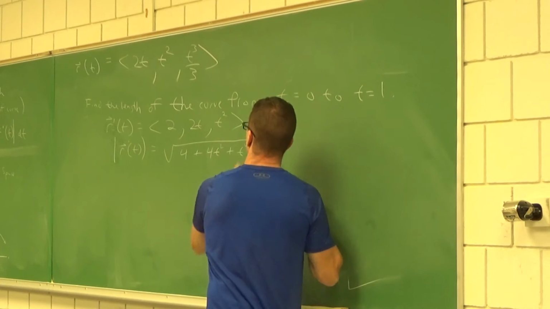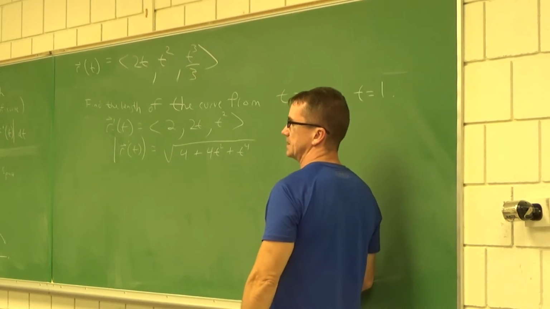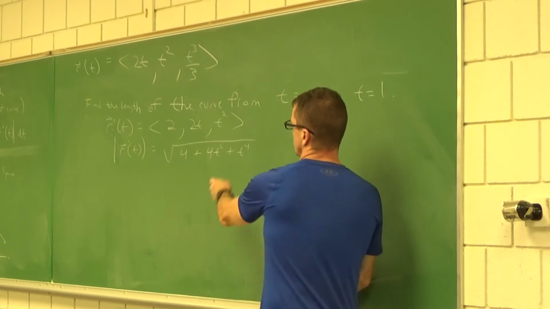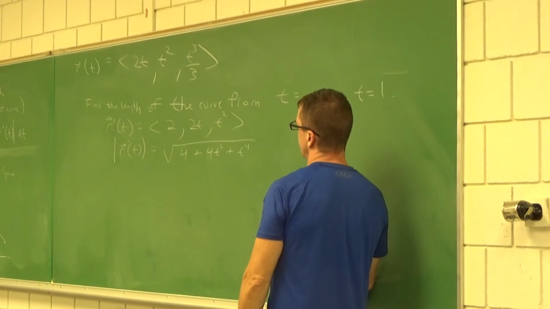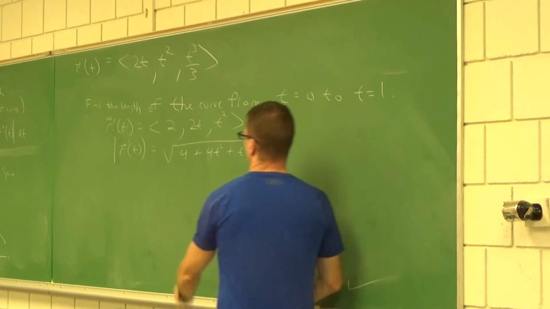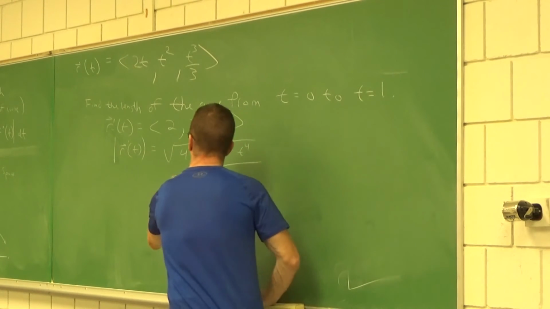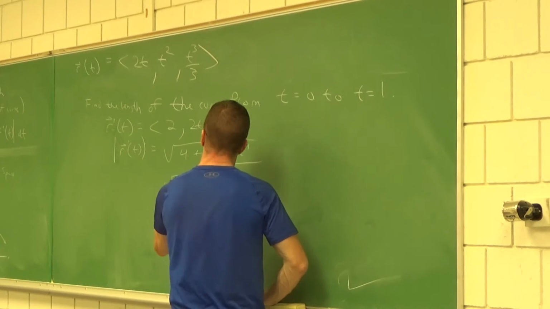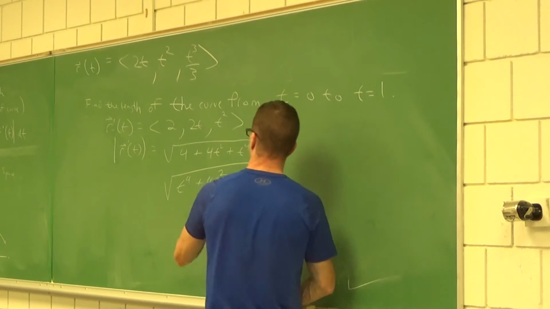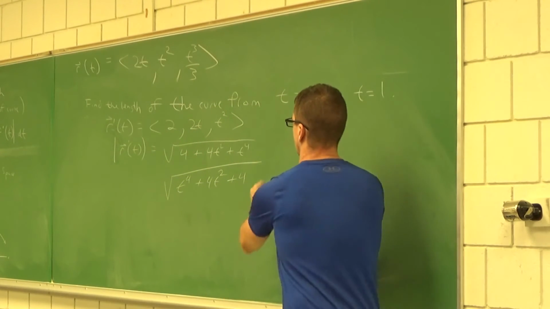So before I go jamming this in the calculator, let's examine that. Can you simplify that? In fact, I'll write it from the highest power to the lowest power. Can we factor that? Yeah, that should be like t squared plus 2 whole squared.